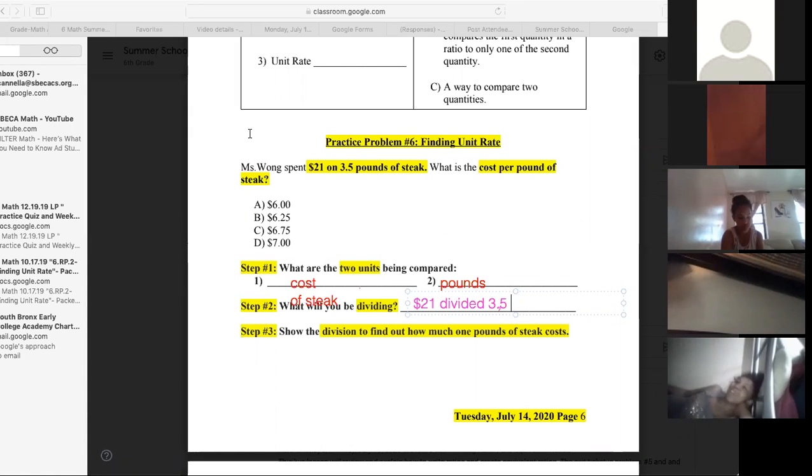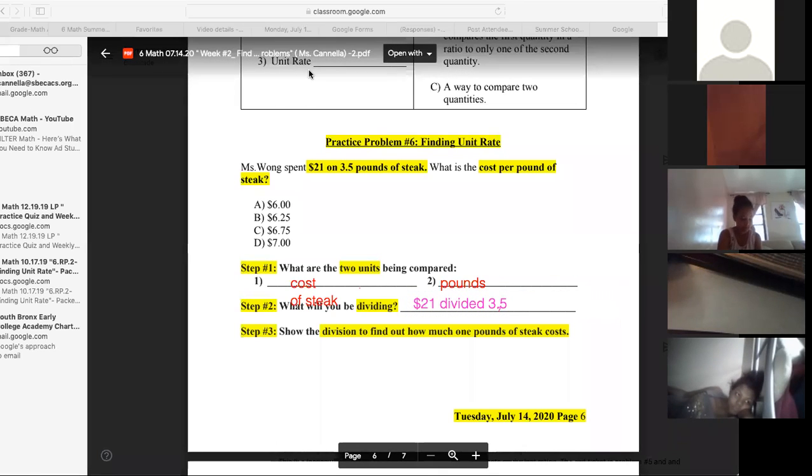Sí. Okay. So you're going to use the calculator for this one just because of time. So Jerickson, you tell me when you have the answer.